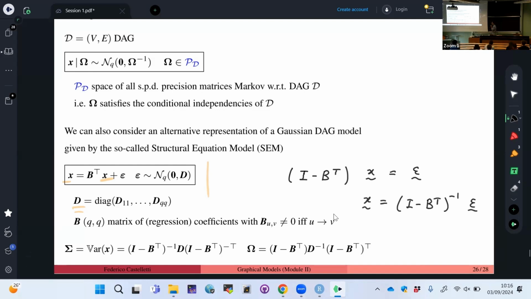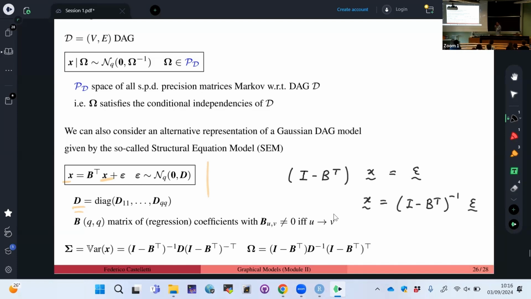If we apply the variance operator to X, here the only random variable is epsilon, right? And because of properties of the variance operator of a linear combination of random variables, we obtain this result here, saying that the relationship between sigma and D and B, our two new parameters, can be written in the following form. And similarly, if you take instead the inverse of sigma, which is the precision omega, what you obtain is the relationship here.